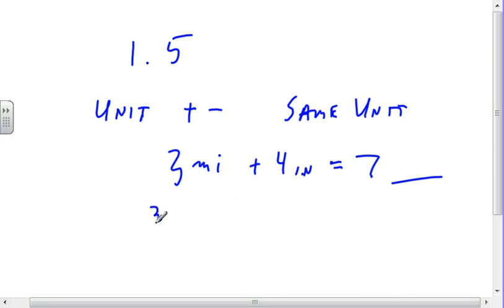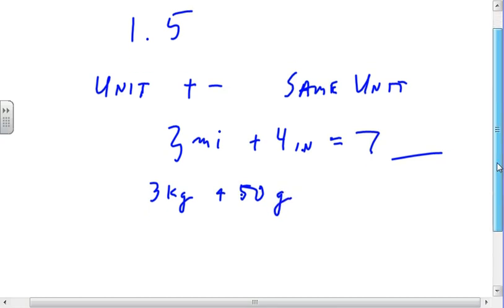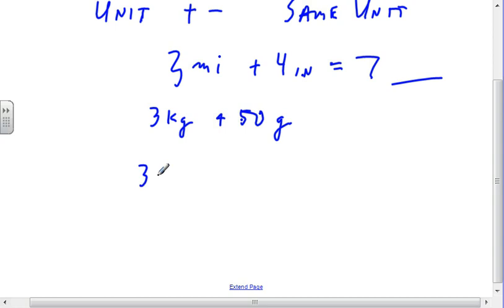Okay, so I got 3 kilograms plus 50 grams. Okay, I can't add those. I gotta go 3,000 grams plus 50 grams. Now the units are the same, and I can get 3,050 grams.